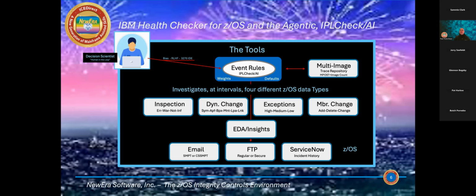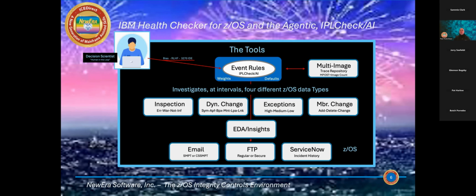You can create a multi-image repository of traces. We call that an ensemble, and I'll show you an example of that. That allows you not only to examine the traces and logs of a local system or a local sysplex, I'll share one of those with you as well, but also the logs from remote systems that might be in different locations or on different CPUs that you are piping in to a common repository to create an ensemble of multiple images.